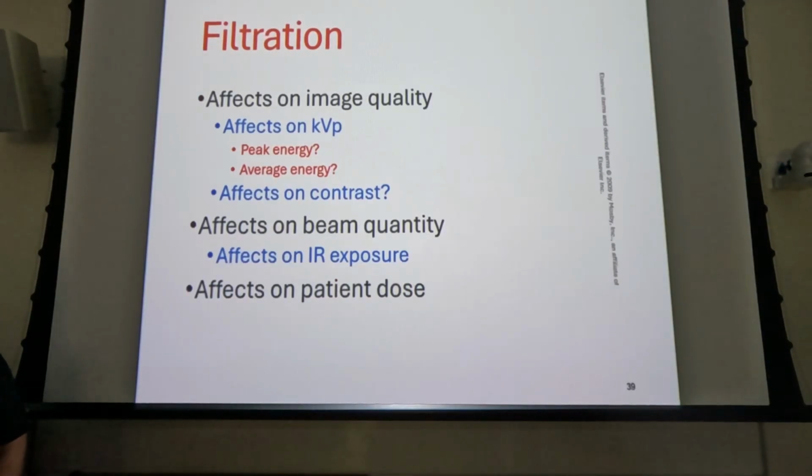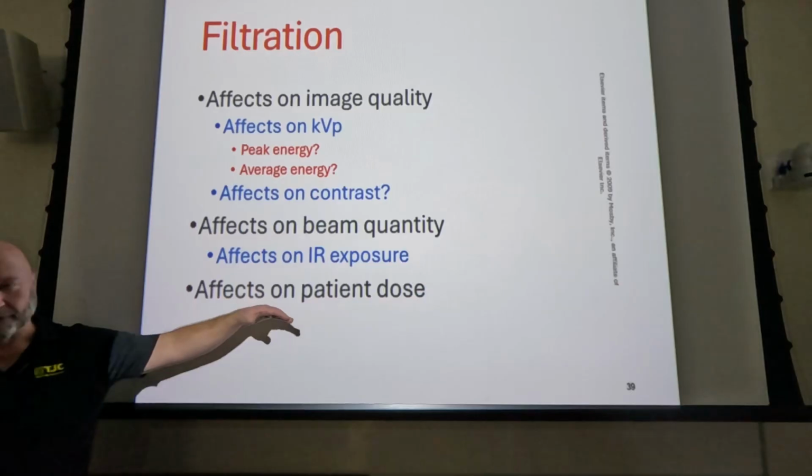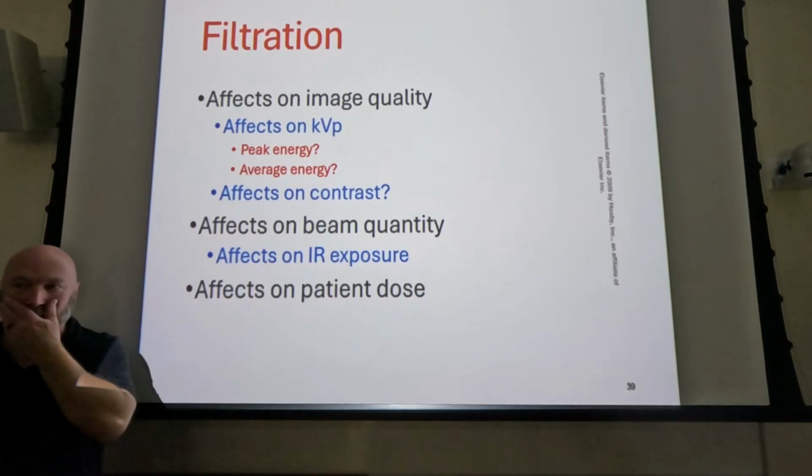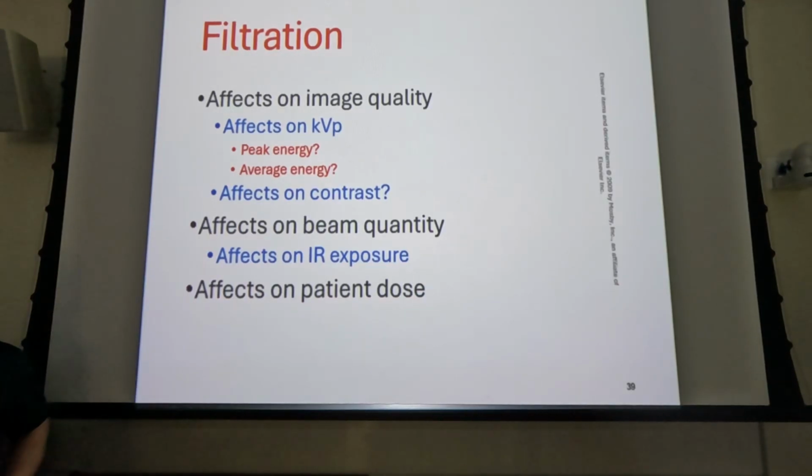Total absorption, right? So if your X-ray beam then is more penetrating, then what should your effect be on patient dose? Should go down, right? So it's a better beam for the patient. Back in the day when we used screens and films, it was hard.